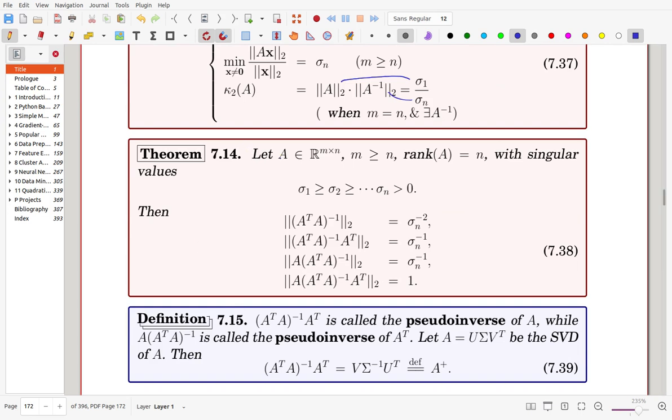Now A is a matrix as usual, and we assume the rank is n, which means full rank, with singular values from sigma 1 to sigma n, all positive. Then the norms of A transpose A inverse, and of A transpose A inverse A transpose, can be computed like this.